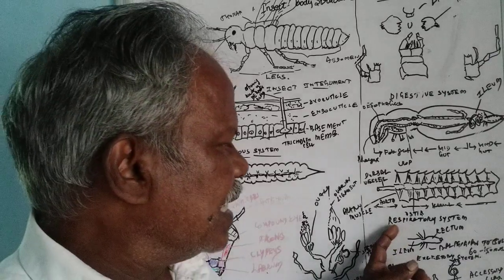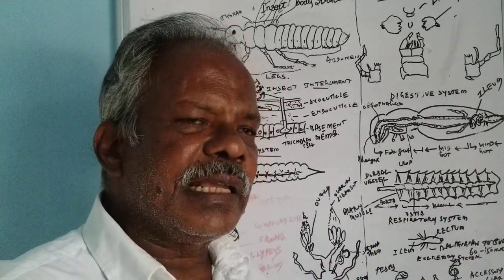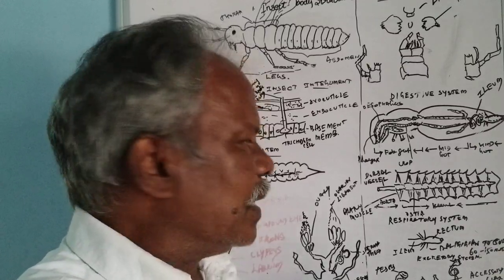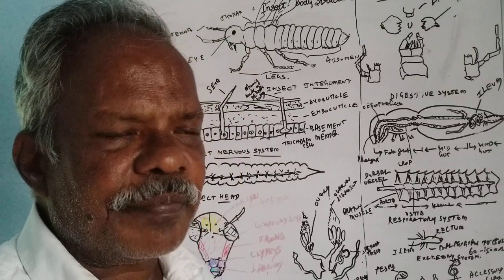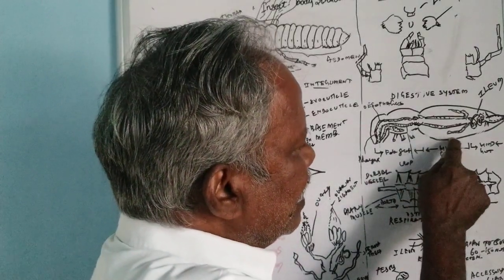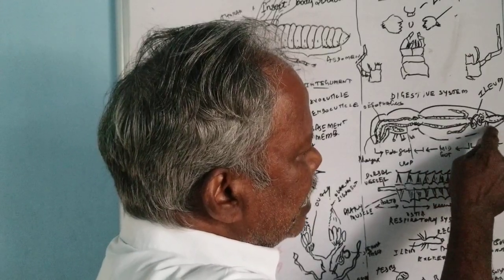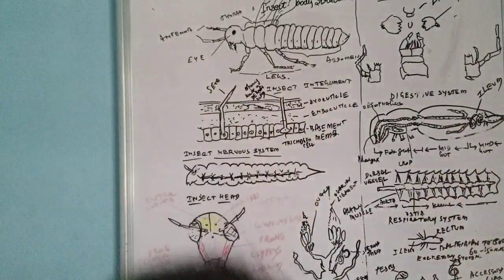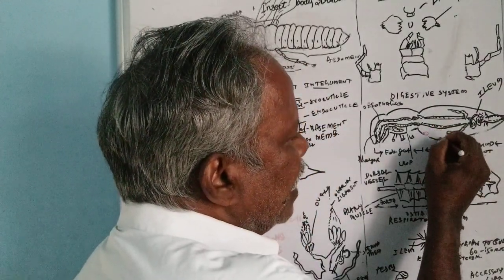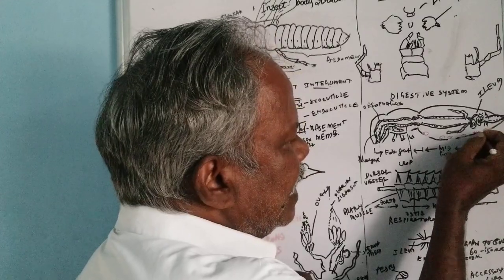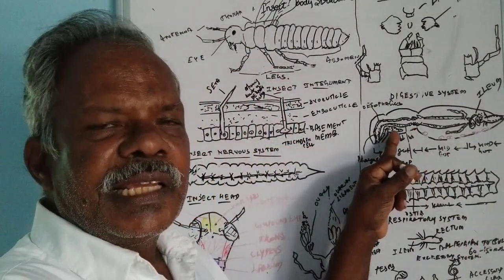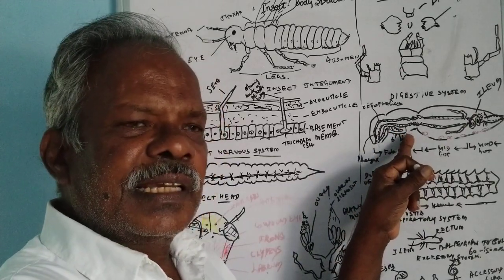And the respiratory system is nothing but the body consisting of 8 plus 3, totally 11 spiracles. The spiracle is an opening in the abdominal wall. Totally 8 spiracles will be there in the abdominal segments, and then 3 spiracles are found in the thoracic region.